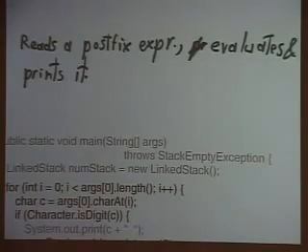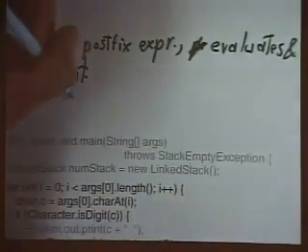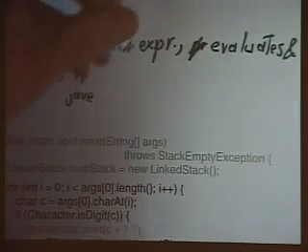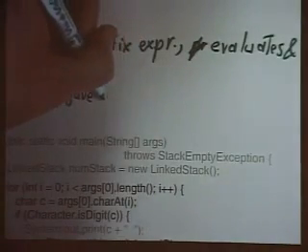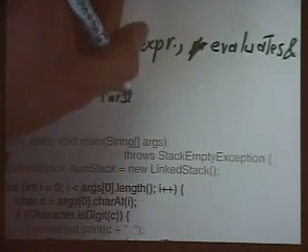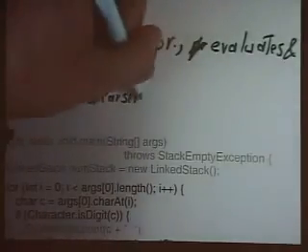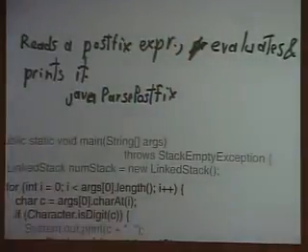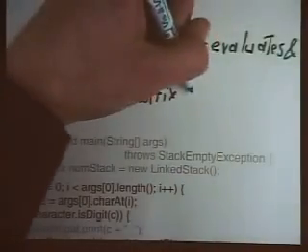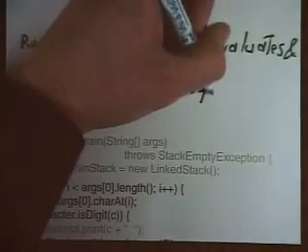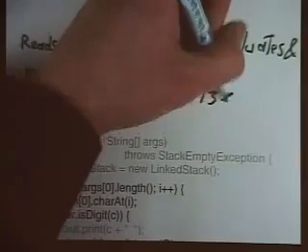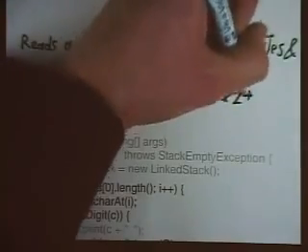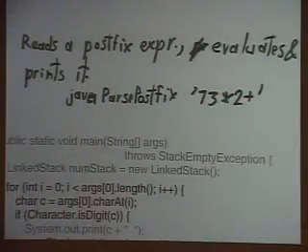The way that you run this program is you type Java, and then the name of the class, which is parse postfix. And then in quotes, you put the string that you want to parse. This is a super simple, stupid program, so it only accepts single-digit numbers. So that's interpreted as 7, 3 times 2 plus.